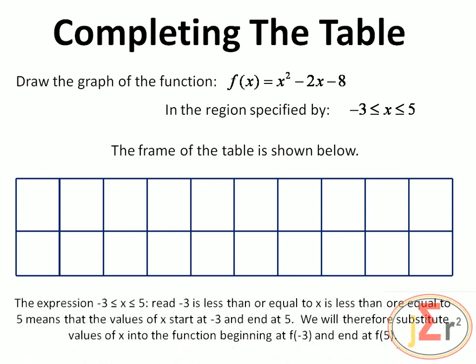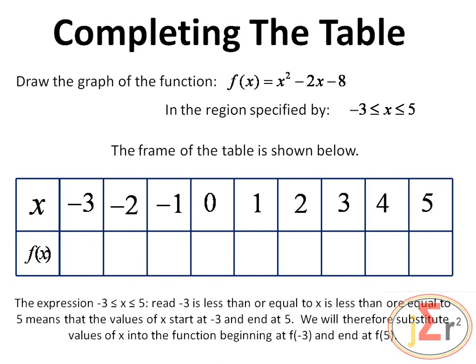The expression -3 is less than or equal to x is less than or equal to 5 is how it is read. It means that we are going to start at -3 and end at 5, and the table is going to show that also. We will therefore substitute values of x into the function beginning at f of -3 and ending at f of 5. So let us put those values inside of the table.